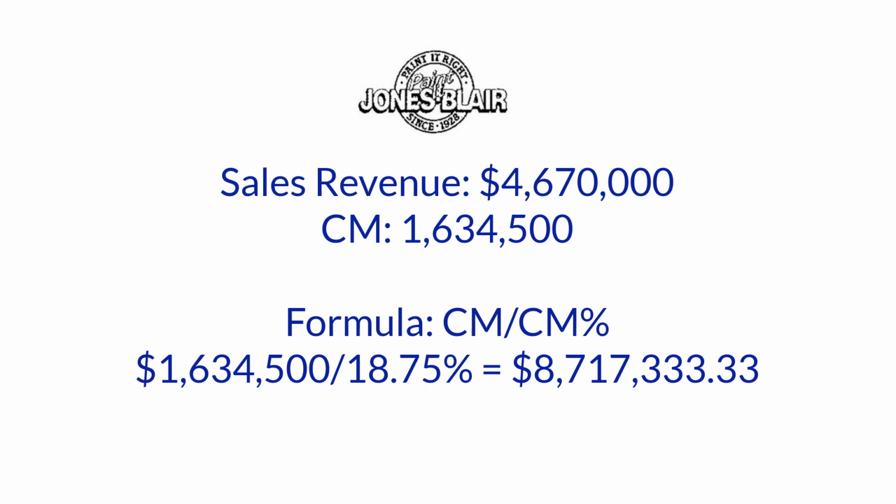So we'll use the formula of contribution margin divided by contribution margin percentage, or $1,634,500 divided by 18.75% of the new contribution margin percentage, and that equals $8,717,333.33 that they would have to sell in order to accomplish their goal for that year.